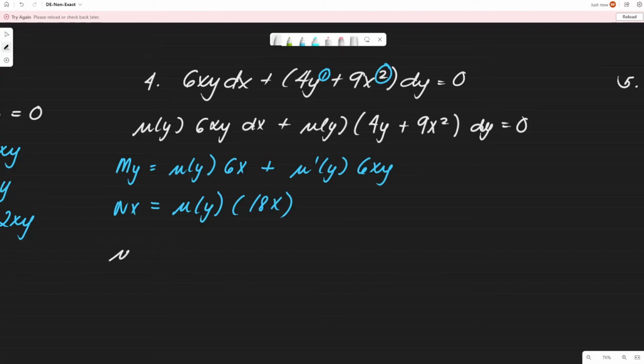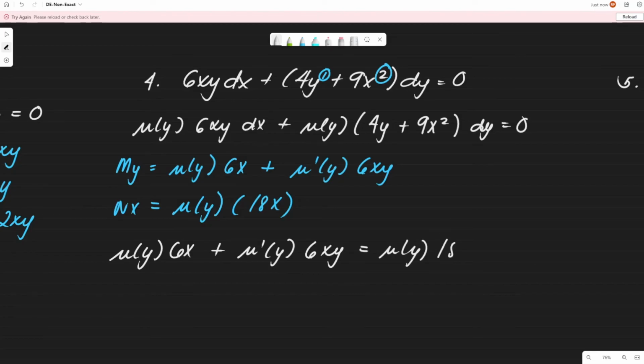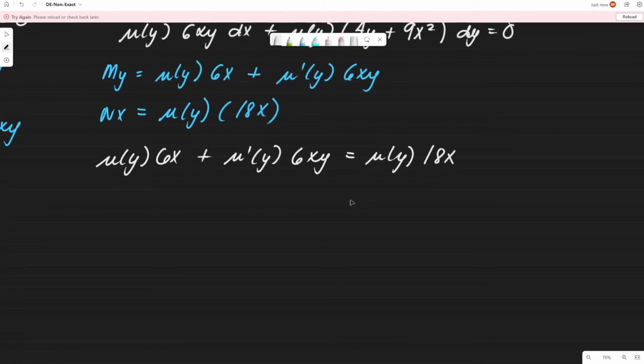We have mu of y times 6x plus mu prime of y times 6xy is equal to mu prime of y times 18x. You can see where this is going. So I'll transpose mu of y times 6x to the other side, so only mu prime of y is left.